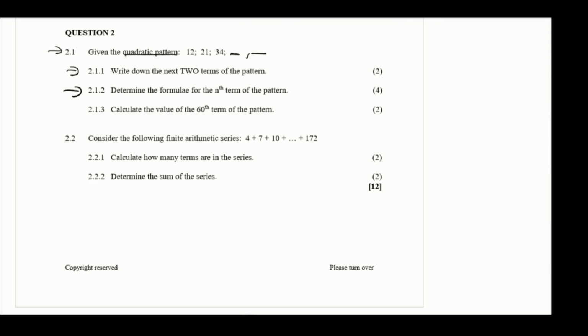Now 2.1.2, we are asked to determine the formula of the nth term of the number pattern. So remember that we have our quadratic sequence written like this, and we found two terms, so 51 and 72.